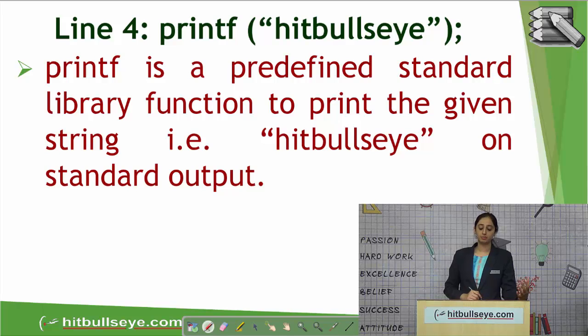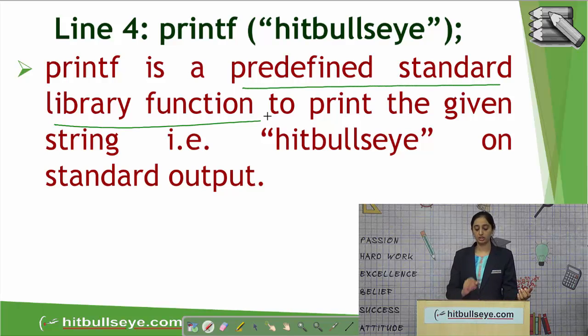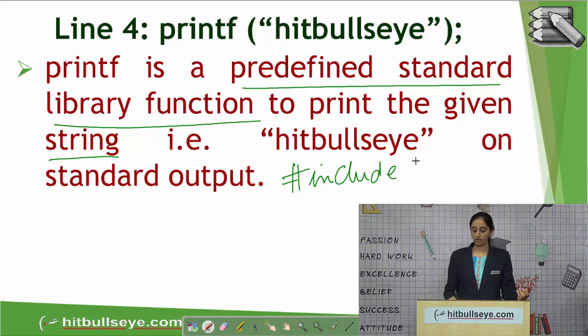Line 4 contains printf. Printf is a predefined standard library function which is used to print the given string, that is Hitbullseye. This predefined standard library function is called by the header file we are using in the beginning of the program.